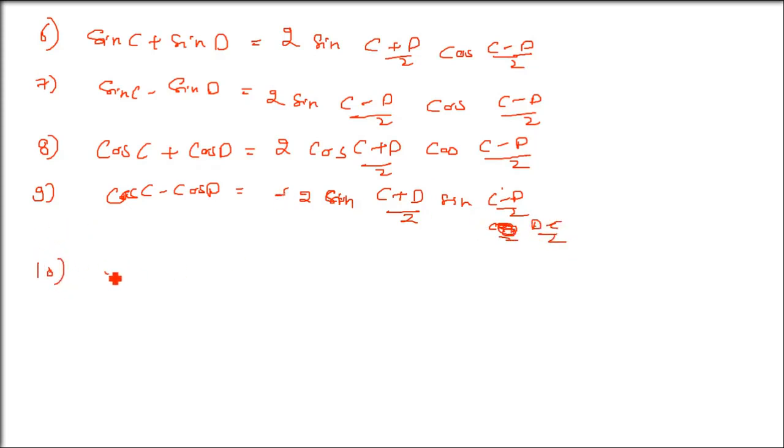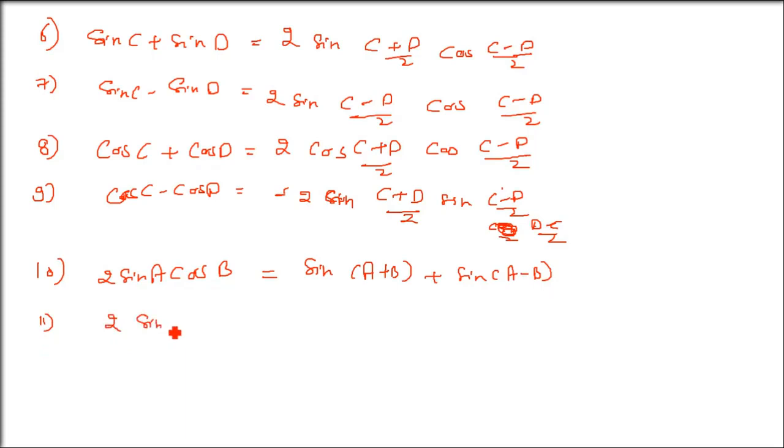Okay. The 10th is 2 sin a cos b, and this will be sin(a+b) plus sin(a−b). Then we have the other one. We have already taken 2 sin a cos b, so let me take 2 cos a cos b.